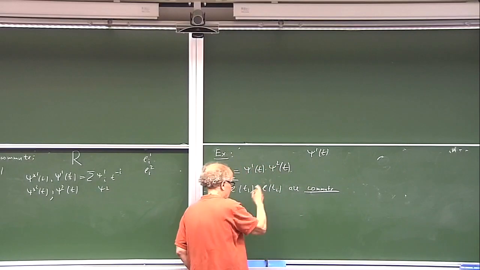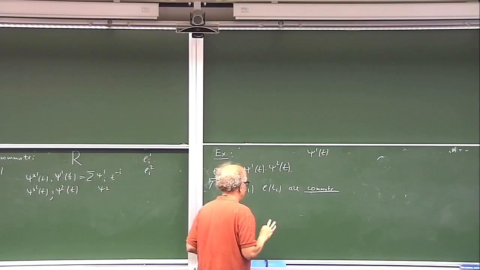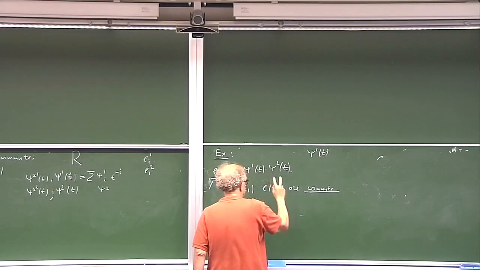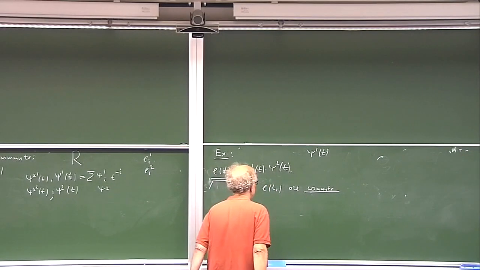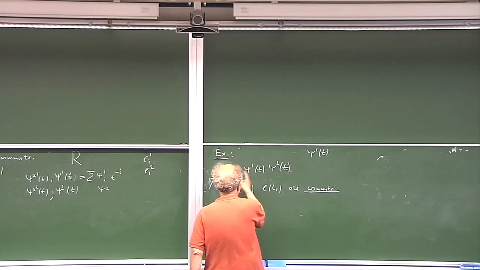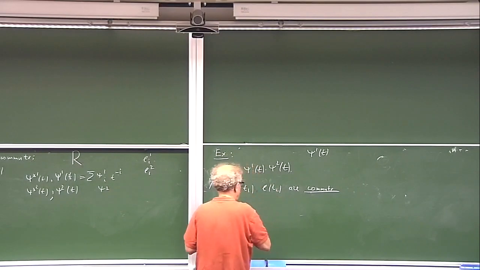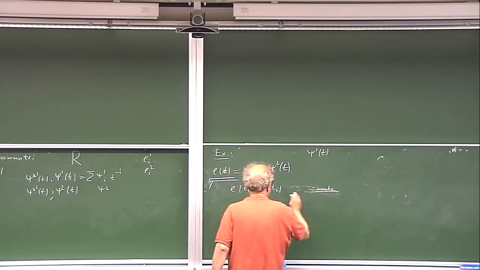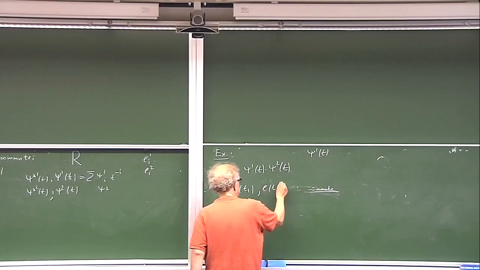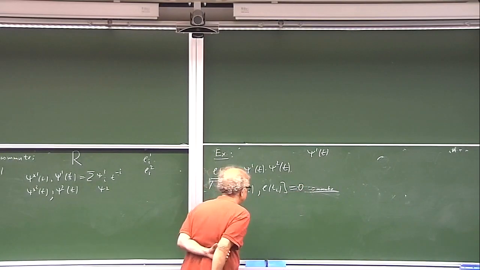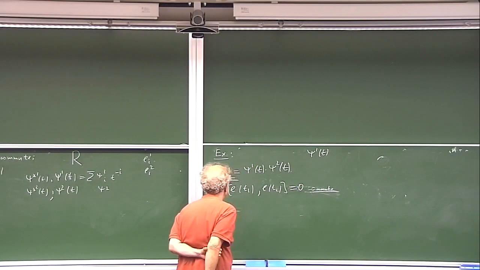Because if I write down such things, the fact that this and this skew commute, for the product it says that they just commute. So let us write down this. It is like this, without any plus. It is just the usual bracket.